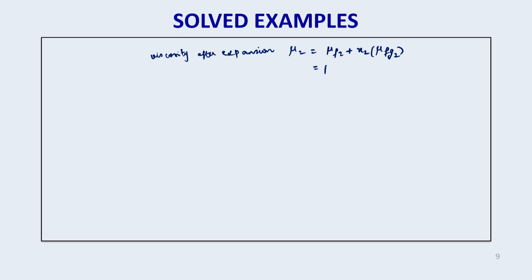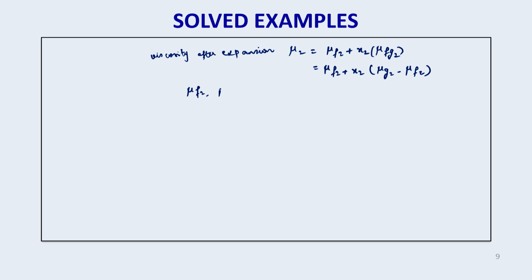This can be written as mu f2 plus x2 into mu g2 minus mu f2, where mu f2 and mu g2 are calculated in the previous slides.